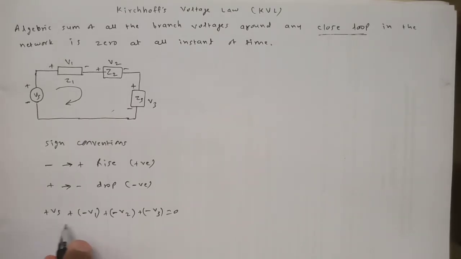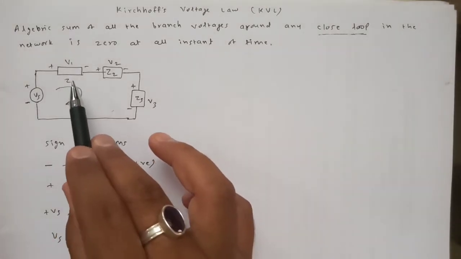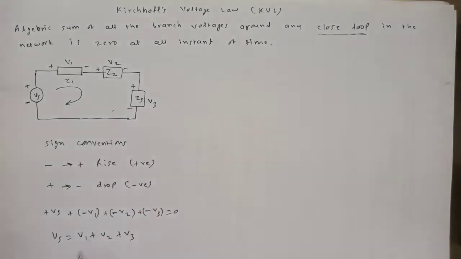Further, if I take all this on the right hand side, we will have Vs equals V1 plus V2 plus V3. It can also be stated that the total voltage given by the supply Vs is divided into the voltages V1, V2 and V3. That is what the meaning is.